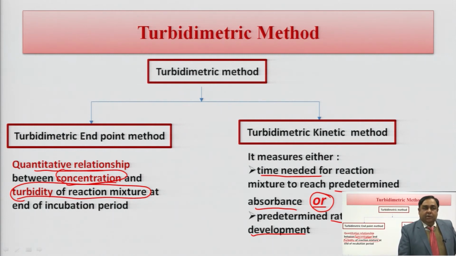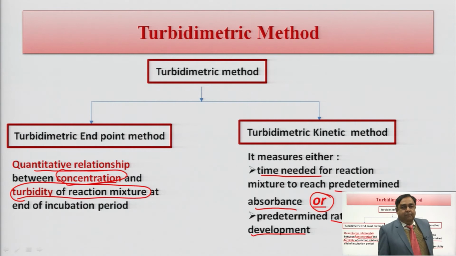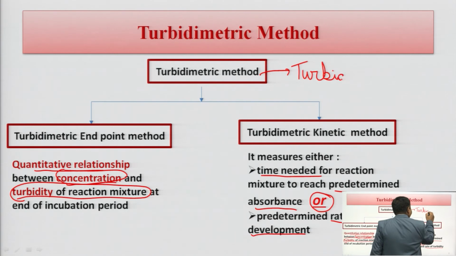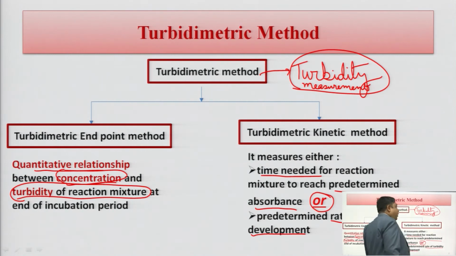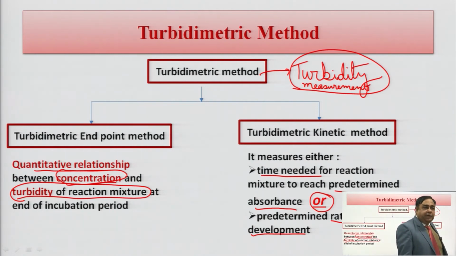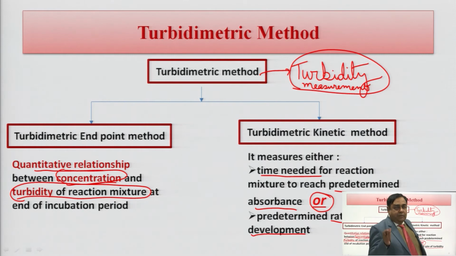It is measuring the predetermined rate of turbidity development of the pharmaceutical preparation. So, with the help of turbidity measurement or turbidity detection, we are in a position to tell whether the pharmaceutical preparation is containing endotoxins or not.